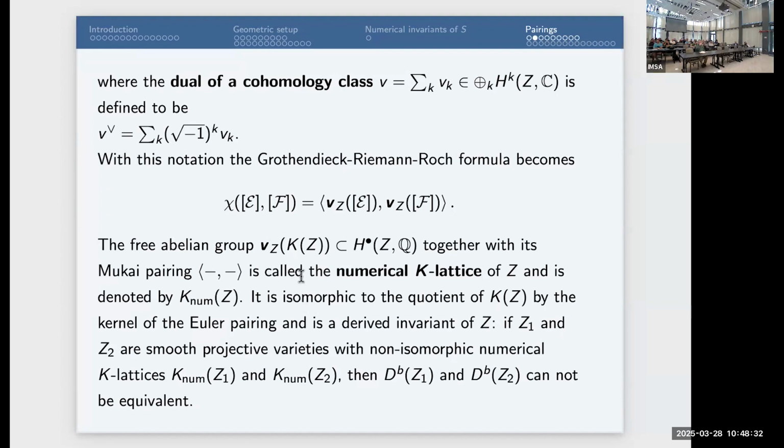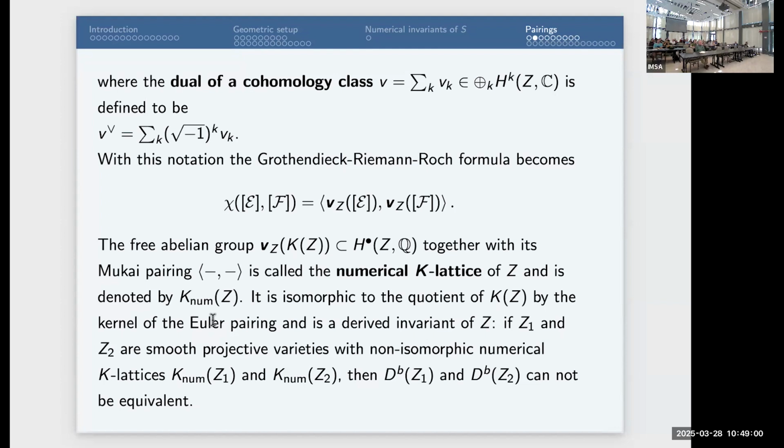So the Mukai vector image group, together with the Mukai pairing, we call the numerical K lattice, or the K num. So remember I had this other lattice lambda, with the Hodge structure defined. This K num is going to be a sublattice of lambda of finite degree.